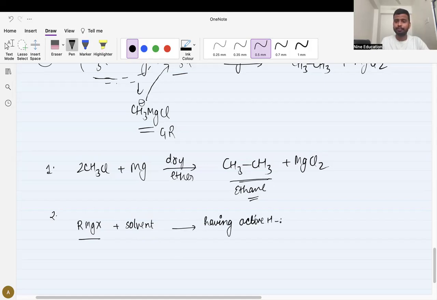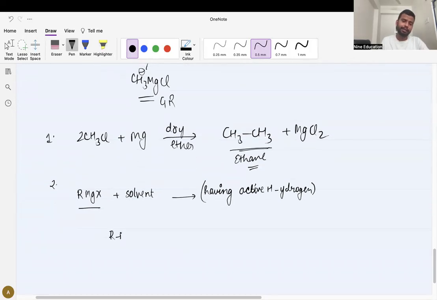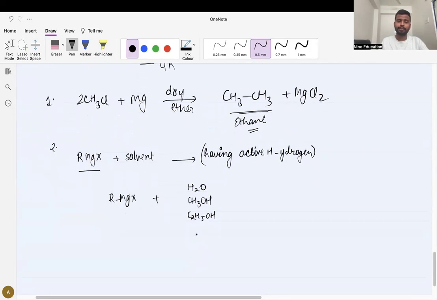Active matlab you can take that hydrogen easily. Let's say I have H2O, CH3OH, C2H5OH. These are all solvents, polar protic solvents, है ना?